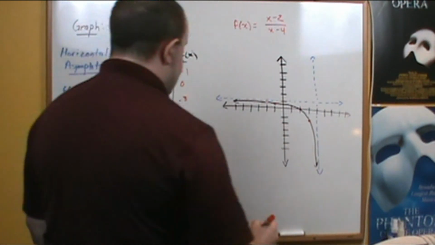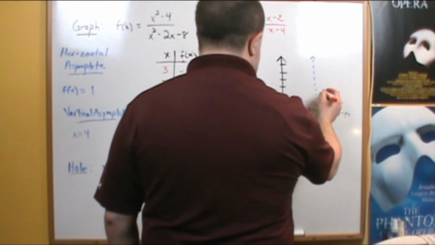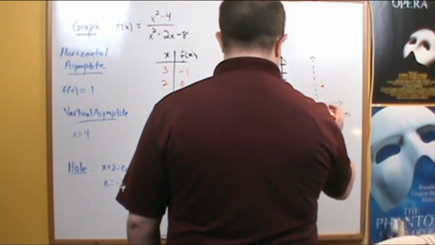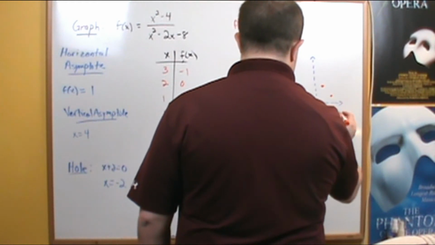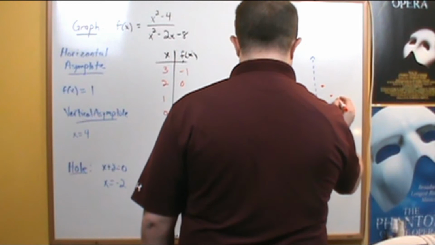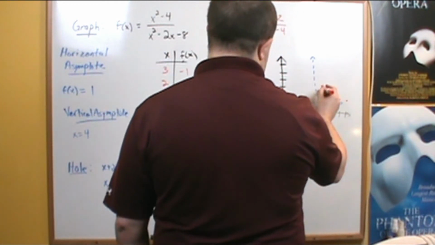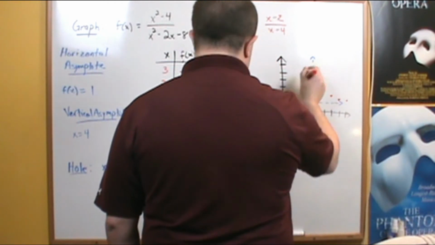So if we graph all these points here, x is 5, it's going to be 3, right there. At 6 it's 2, and at 7 it's going to be 1.7. So you can see this graph is sort of trending downward.